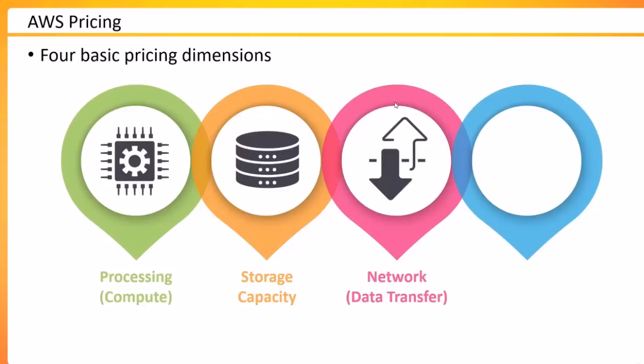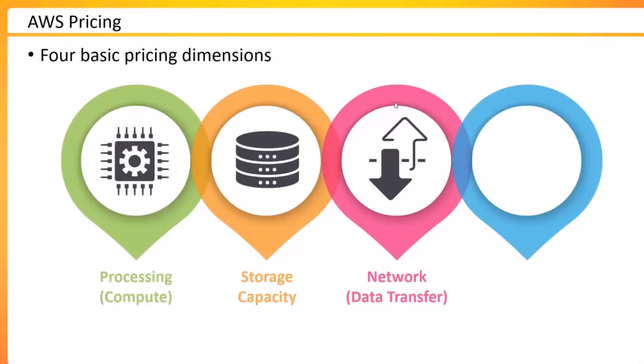Network charges, which is data transfer. Most of the time, data transfer in, or sending data to AWS, is free, but once you start downloading that data or accessing that data outside the boundary, you would attract data transfer charges.